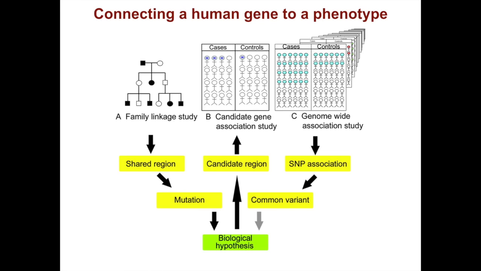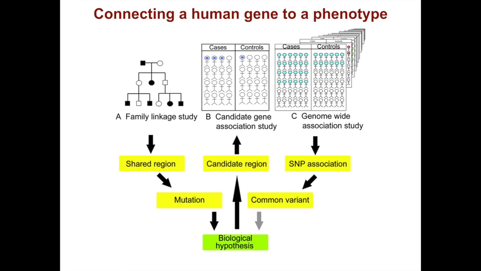And then from these studies, you can create some hypothesis about what type of gene or what type of process this particular phenotype is involved in, because especially with a genome-wide association study, you get a number of genes that surround the SNP that could possibly be linked to the phenotype.